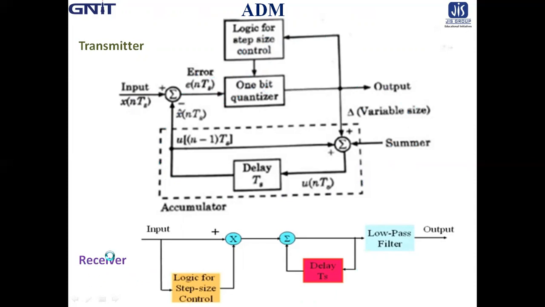Similarly, for the receiver, the accumulator followed by a low pass filter is the same as in delta modulation. Only the exceptional part for ADM is the logic for step size control, which is exceptional for the receiver as well.